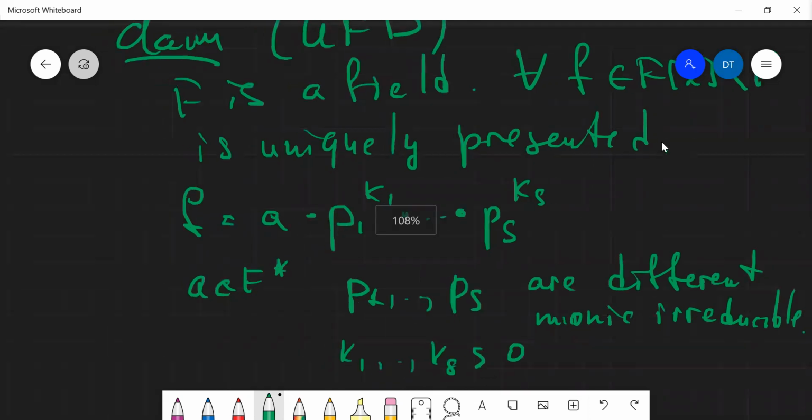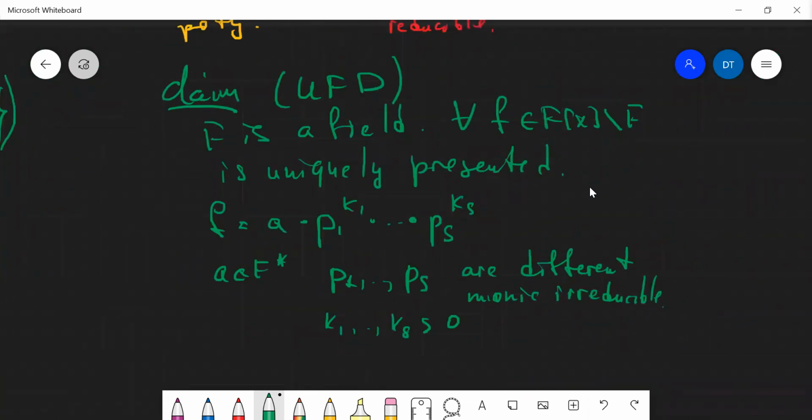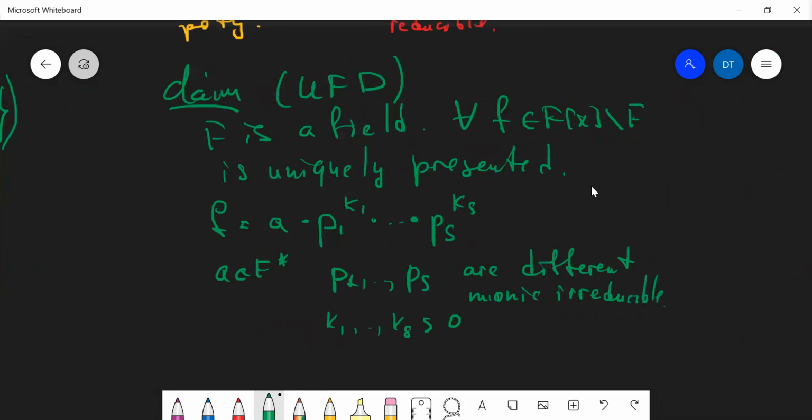This is the analogy for the claim that we know for integers. Every integer number can be presented as a product of prime numbers and probably plus or minus sign. So the analogy of a is the sign. For integers, if it's positive, then you have 1. If it's negative, you have minus 1.